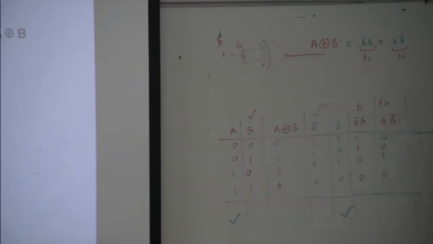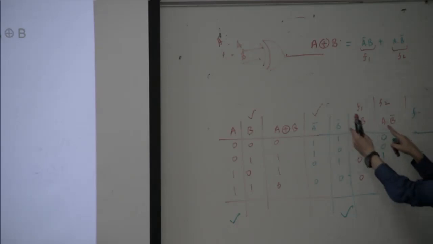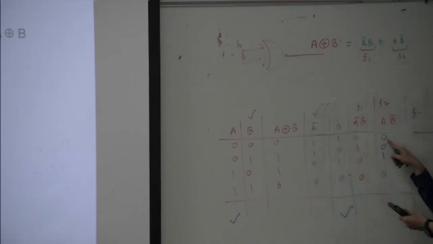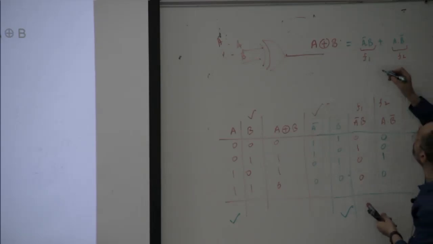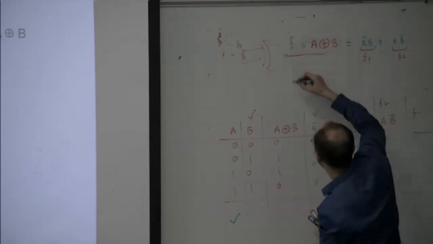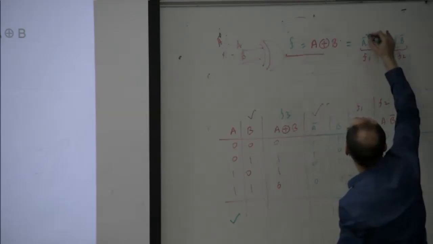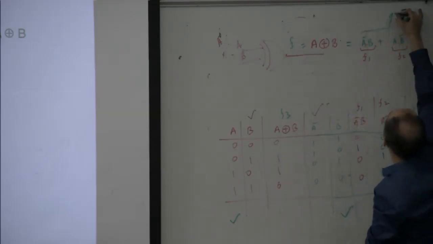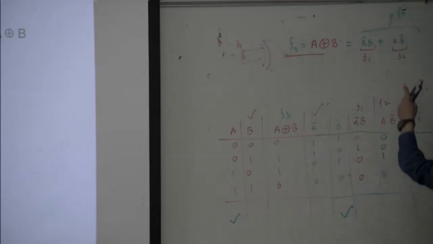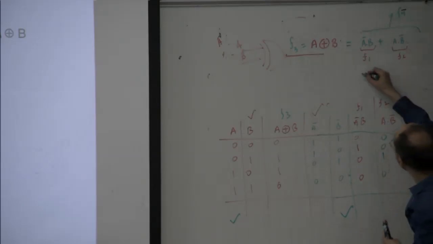Got it? And now we want to compute F. What is F? F1 plus F2. We want to take the OR of F1 and F2. Let's call this F3 and this F4.